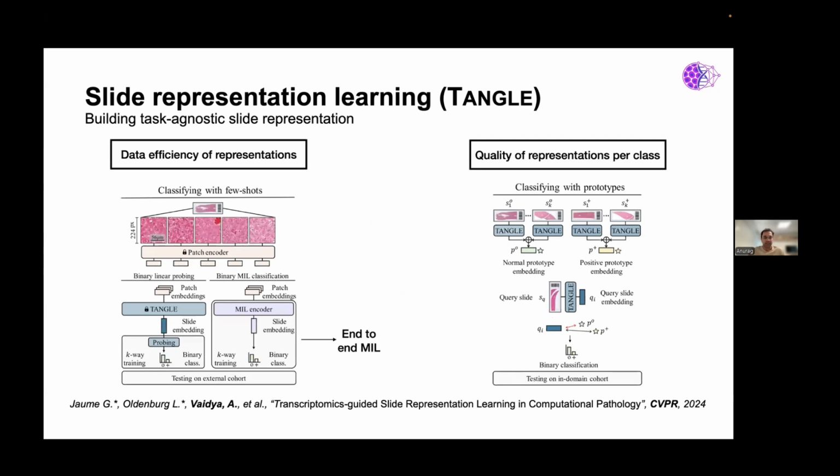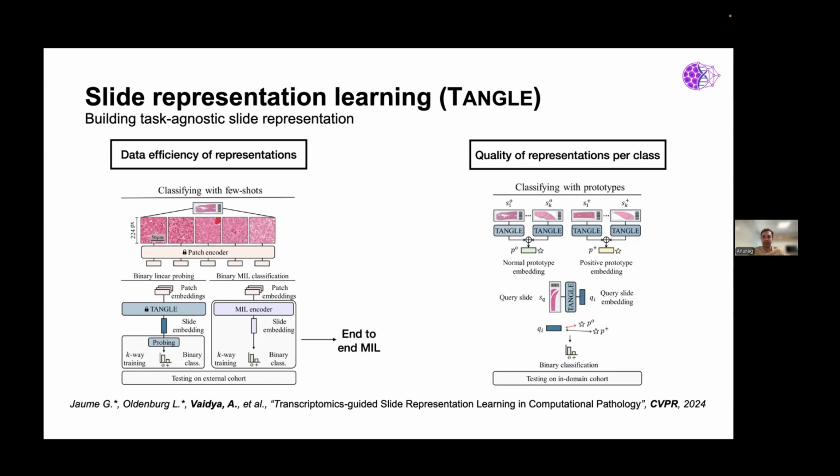To validate this approach, we really did two large experiments. The first type of experiment was to test the data efficiency of representations, in which we compared our representations with an end-to-end MIL. And the other is the quality of representations per class. What we did in this was called prototype classification.